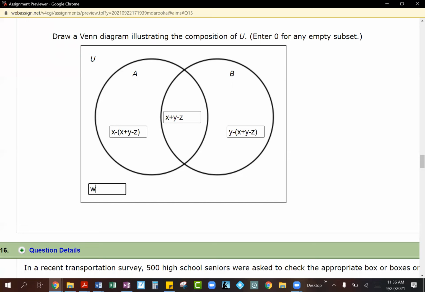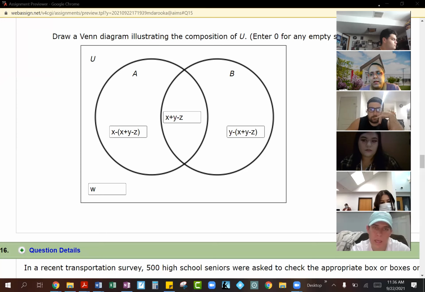I'm not exactly sure how to write that in a simple equation. You would subtract X plus Y because it's the union. So it's the universe minus the union. Okay, so you are saying from the W? Yeah. I believe I wrote W minus X plus Y in parentheses.